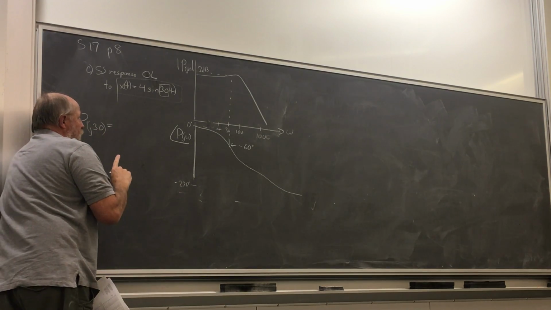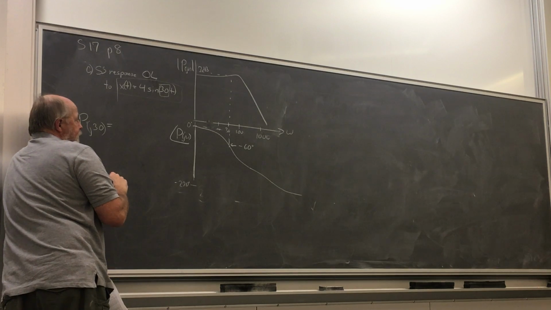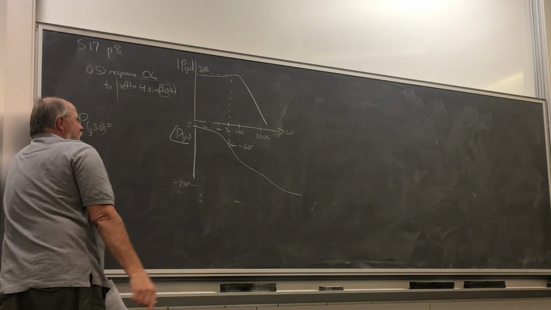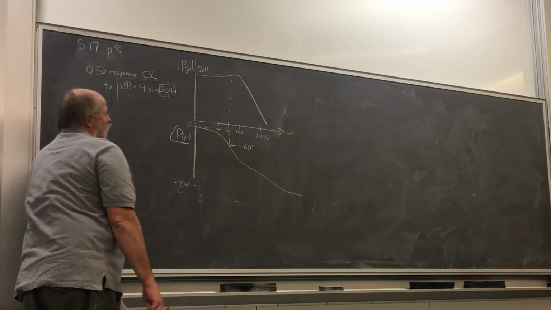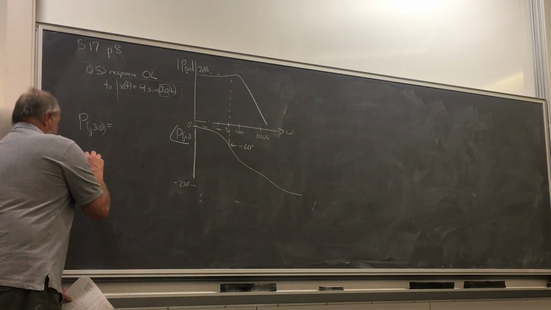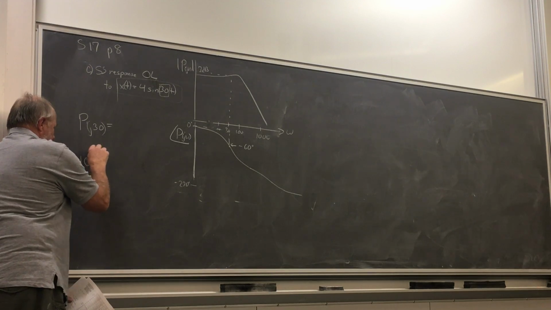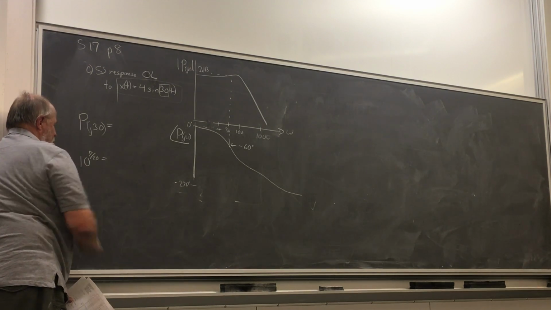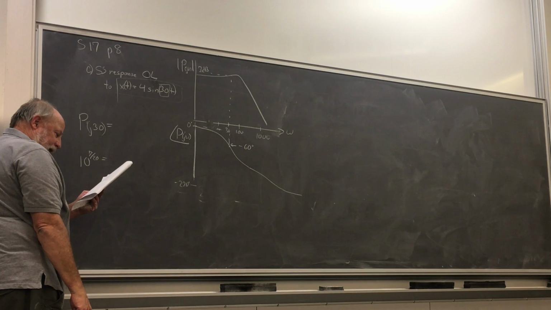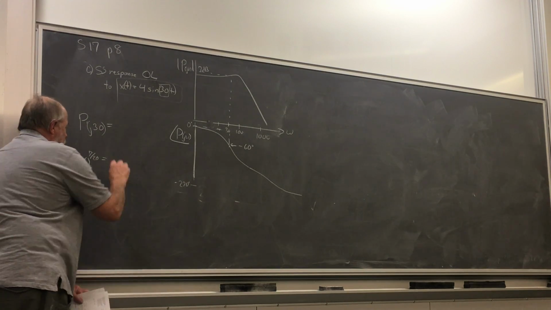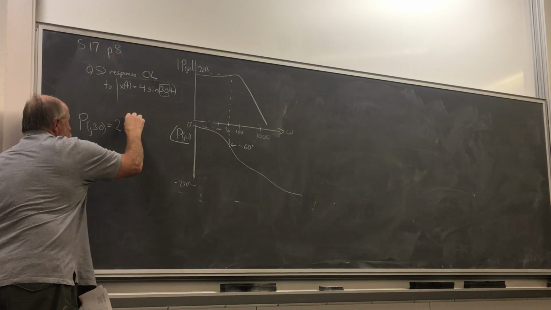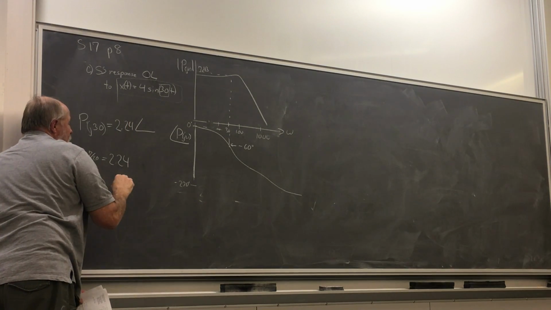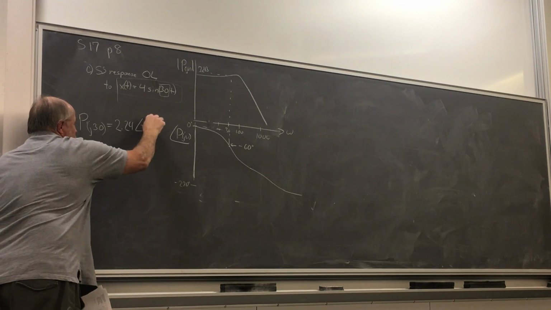Because that's what I just read. 7 dB is the magnitude, not the phase angle. Is the 7 dB in a form that I can use? No. So what do I do with the 7 dB? 10 to the 7 divided by 20. When I do that math, I come up with 2.24. So I want this as 2.24 at an angle of negative 60 degrees.